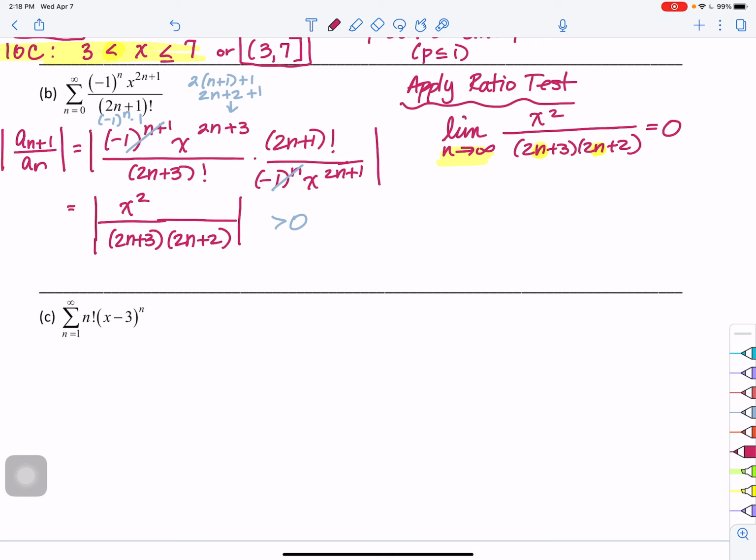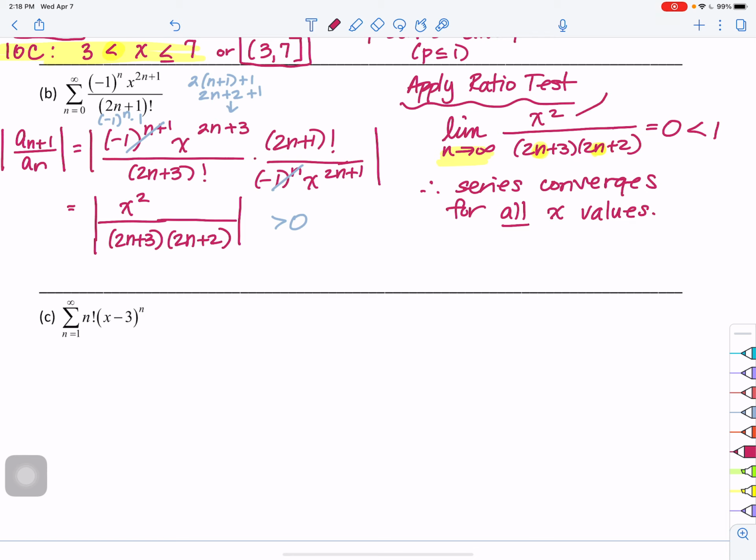And since that's equal to 0 and 0 is less than 1, therefore the series converges for all x values. Why is that? Because any x value you have here won't change this limit of 0.